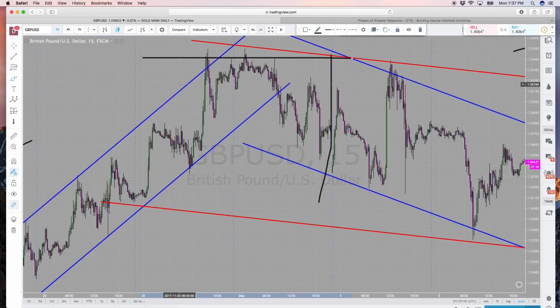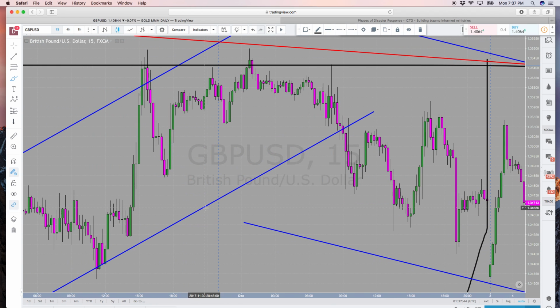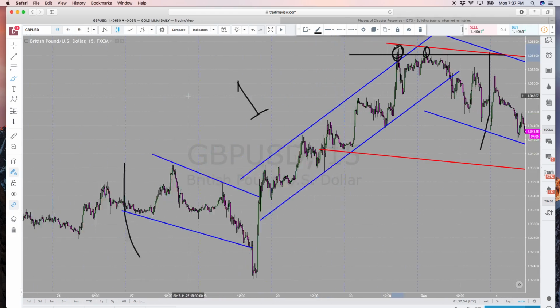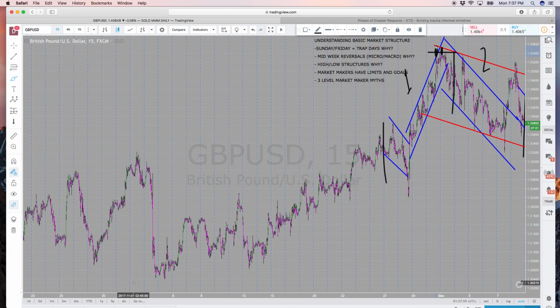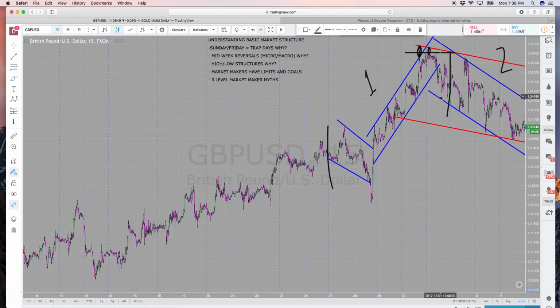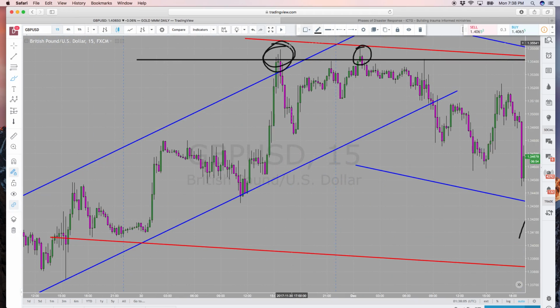This is a new month, the new month's high. This is the high of the old month. And this is the high. This is the complete high of it. So this was November, right? This is December. So this was the high of December.